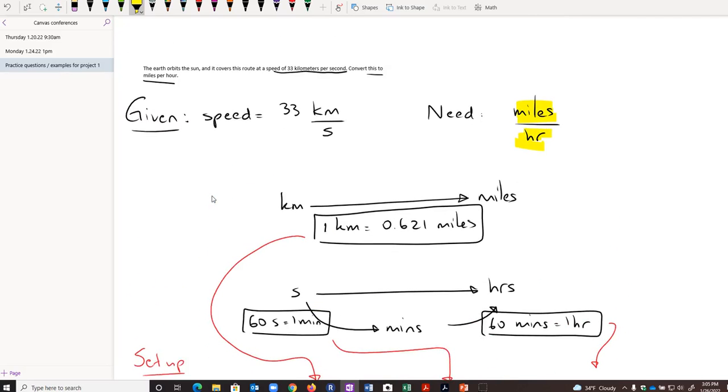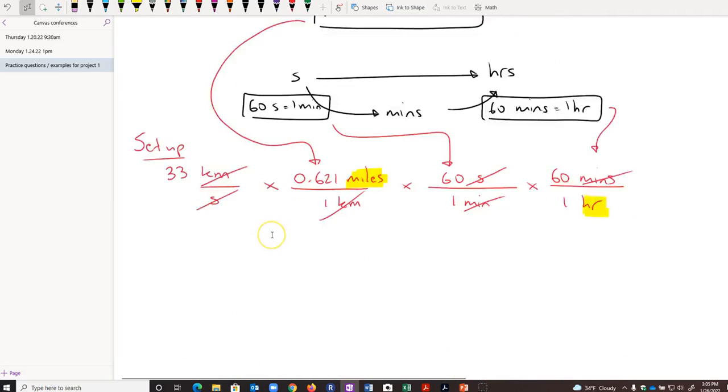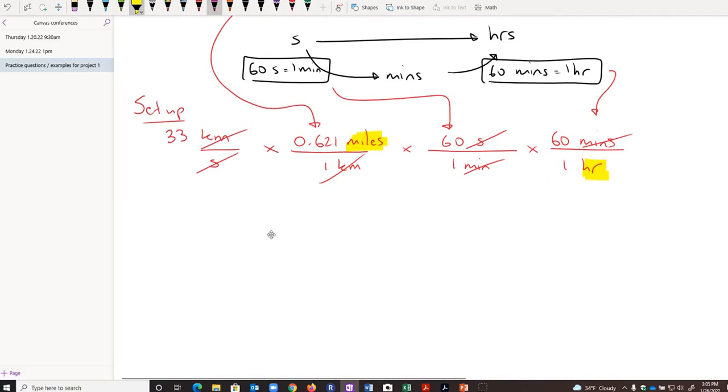So we can just use our calculator and evaluate this, multiply out, and divide. The calculator answer it spits out at us is 73,774.8 miles per hour. We need to round that to the correct number of significant figures.